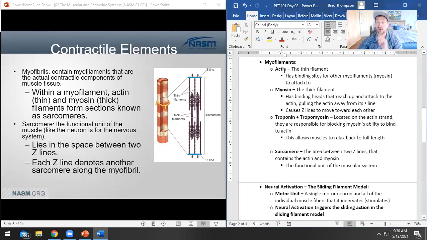Myosin is the thick strand that wants to grab those binding sites. Troponin and tropomyosin are there to make sure that doesn't happen when it's not supposed to. Without a signal from the nervous system to trigger a muscular contraction, troponin and tropomyosin will remain in place and keep those binding sites blocked until a signal from the nervous system says, all right, let's do this. And then all of a sudden, a muscle contraction actually occurs.